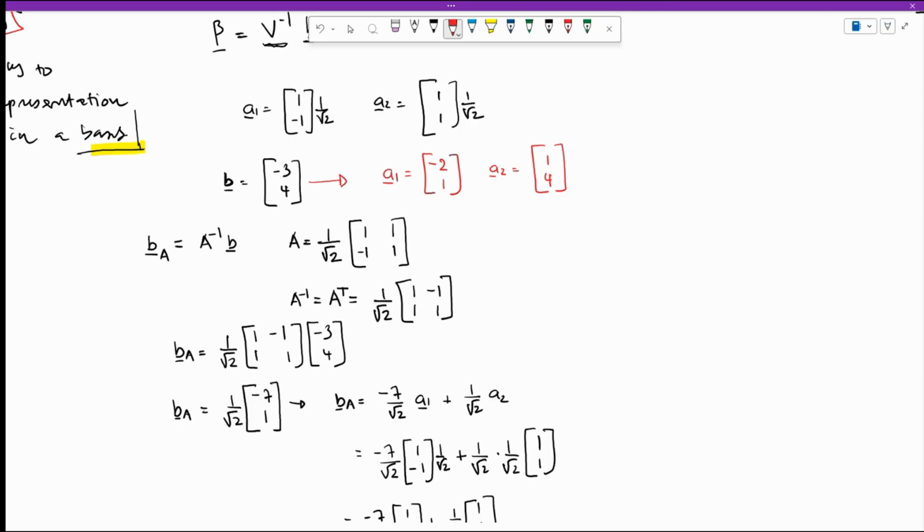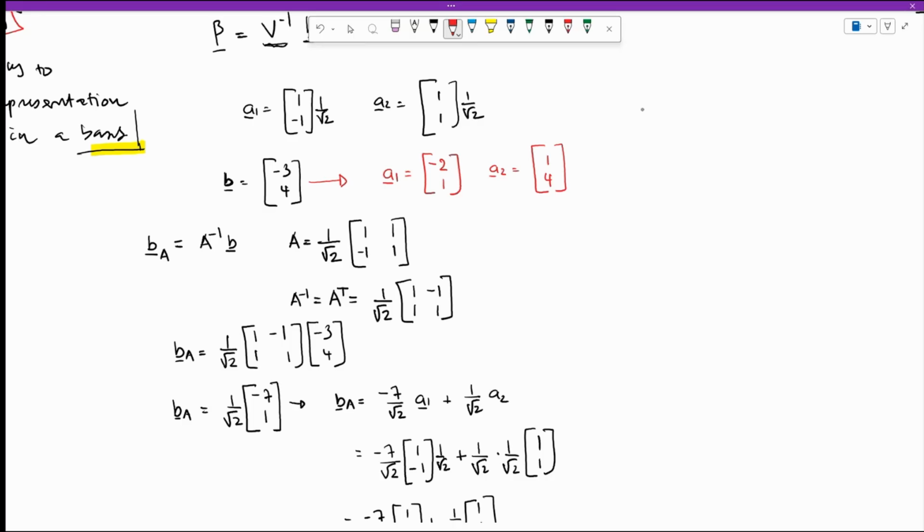What conditions do they fail? Length is 1? Okay, length is not 1. Are they orthogonal? No, they are not. Okay, so this is not an orthonormal basis.